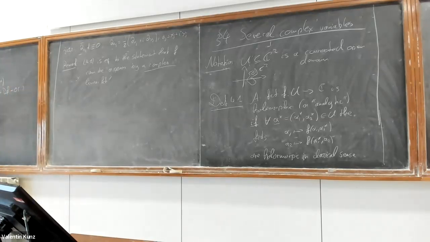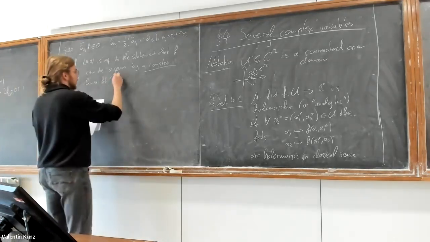And if it's differentiable, then this over here is a real linear function, this df. And what this remark means is that our definition is equivalent to stating that we can do this for complex variables, but then df is a complex linear function.